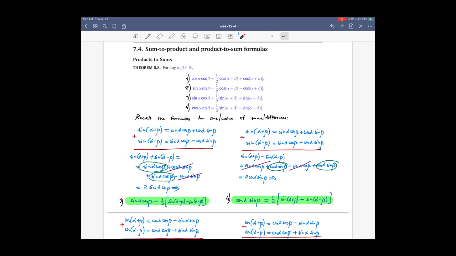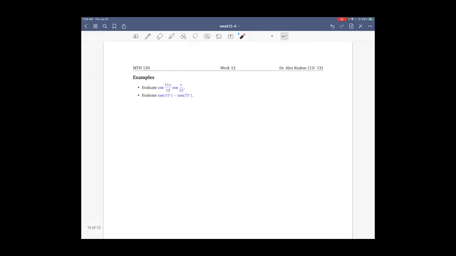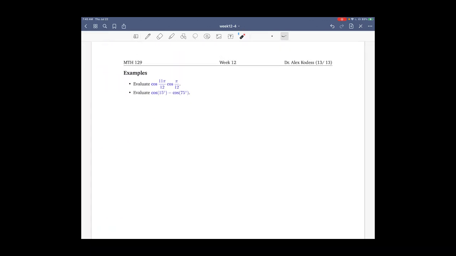All right, let's now work with a couple of numerical examples. In this first example, we need to evaluate cosine of 11 pi over 12 times cosine of pi over 12.